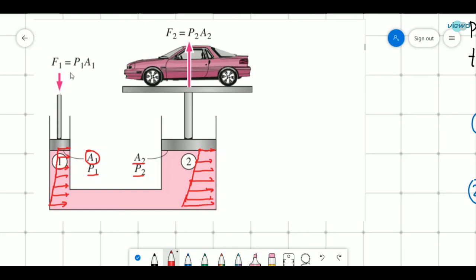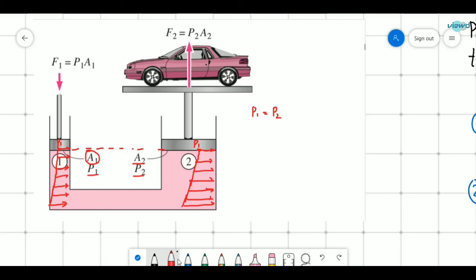If P1 is applied, there will be the same pressure here also, P1, P1. So here P1 is equal to P2, because these both are at the same level. So at the same level, the pressure will be equal.